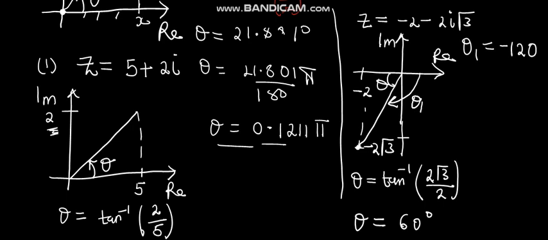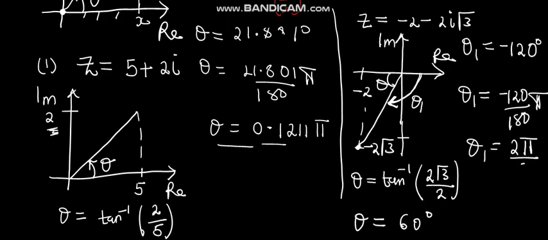It is negative because it is moving in the clockwise direction, and clockwise angles are measured as negative. So theta 1, which is our principal argument, is 120 out of 180 pi. So theta 1 is equal to 2 pi out of 3, but negative.